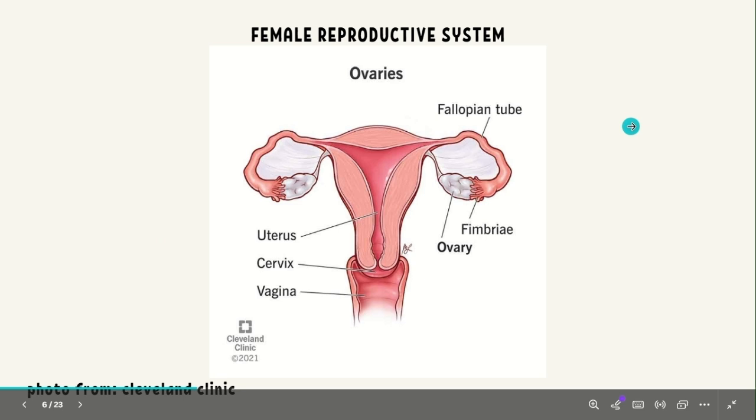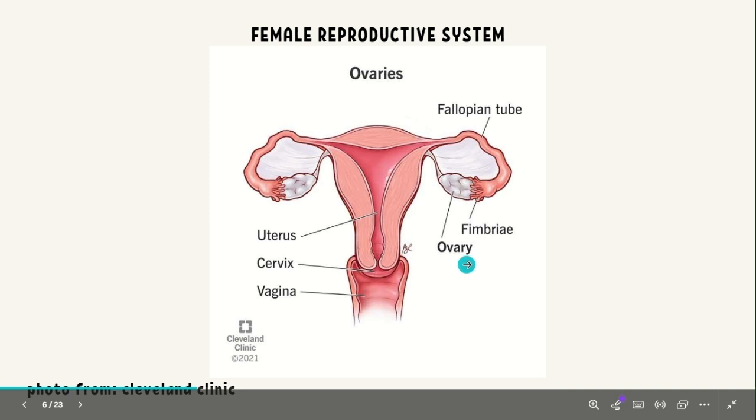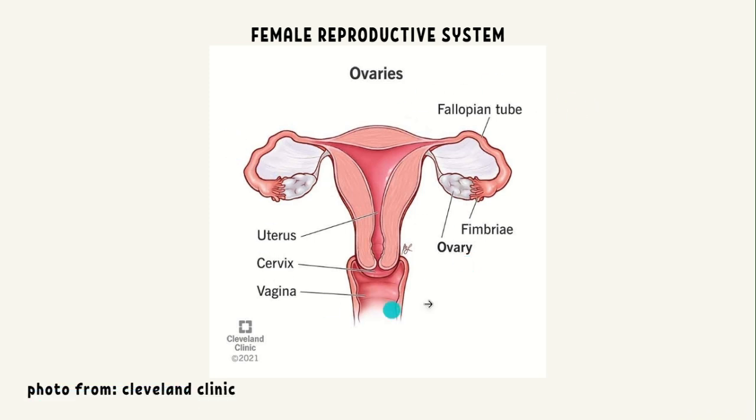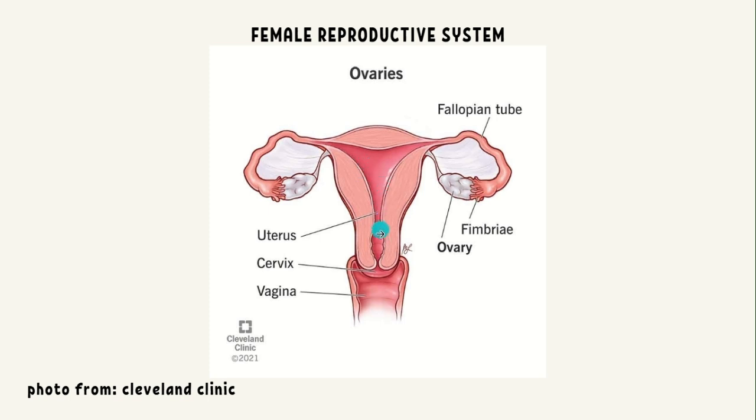So basically, we're moving on to the female reproductive system. I would suggest that you at least know how to draw this. So let's just go through the labels. This is our reproductive system, and right here is the uterus.